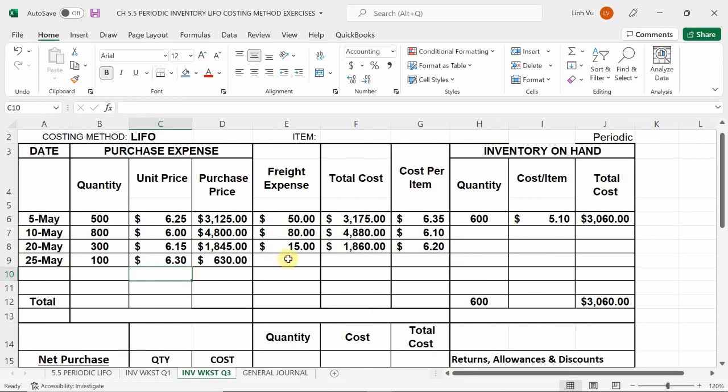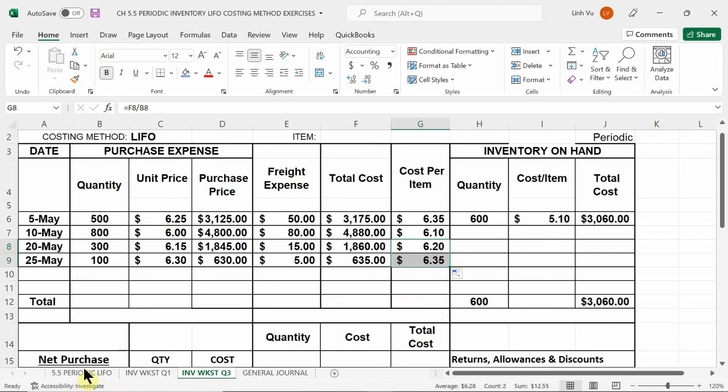Plus $5 will give you $635. And of course, if you take $635 divided by 100, your cost per item is going to be $6.35. Okay, so there we have it.